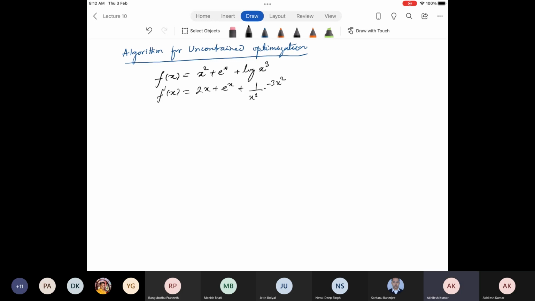Is this correct, guys? And then you equate it to 0.